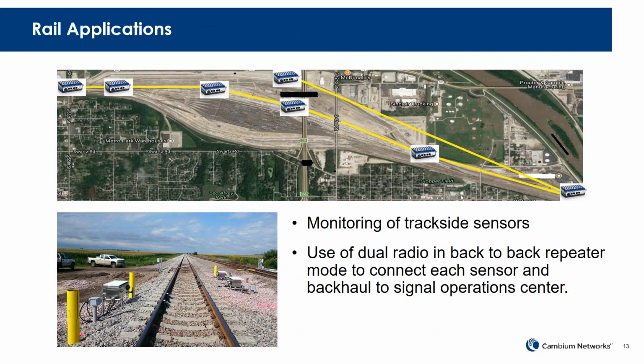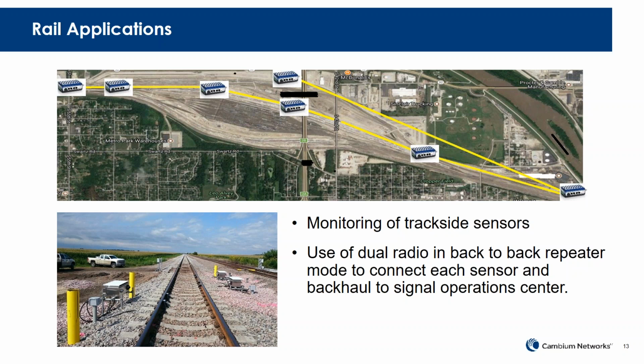Here's another example. This is actually a rail application. This is showing the monitoring of sensors on a track side. So again, as it relates to transporting out of a mine, being able to run a relay configuration with hop to hop along that track side to do both monitoring of the sensors and actuating of the sensors is important.